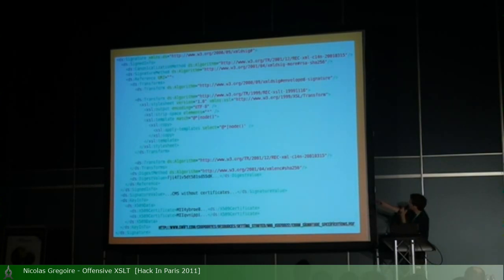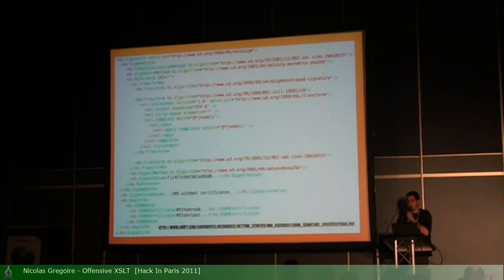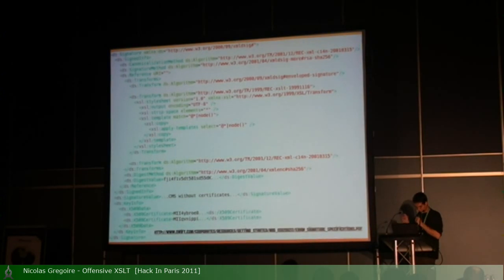So here you have an XML-DSig file, including some XSLT. So you only need to modify this file. Here you put your exploit code, and it should probably work on any SWIFT-compliant XML-DSig gateway. I really don't know why they chose to support XSLT in XML-DSig. Okay. So I need to go a little faster.